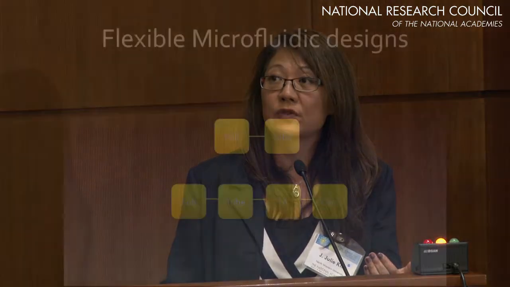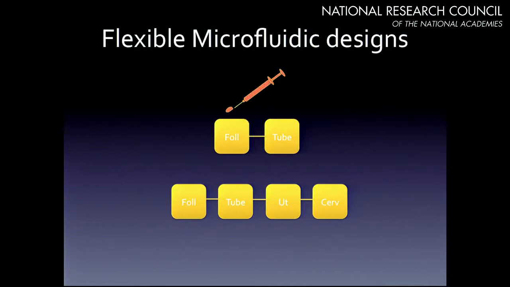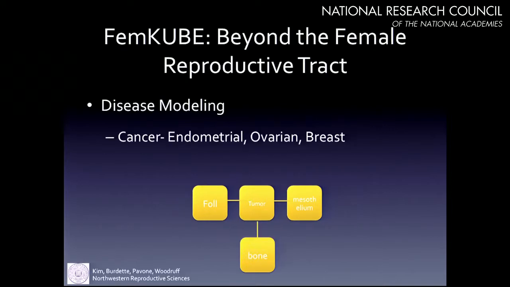We are in the process of building these 2 different platforms. We are also able to add in the test compounds directly onto the follicle module, or if we want to determine what effect those compounds have on the other tissues without affecting the follicle, because we still do want to see that estrogen and progesterone being produced, then we can add it downstream and not have the follicle exposed. So there's a lot of flexibility here that we're working with.